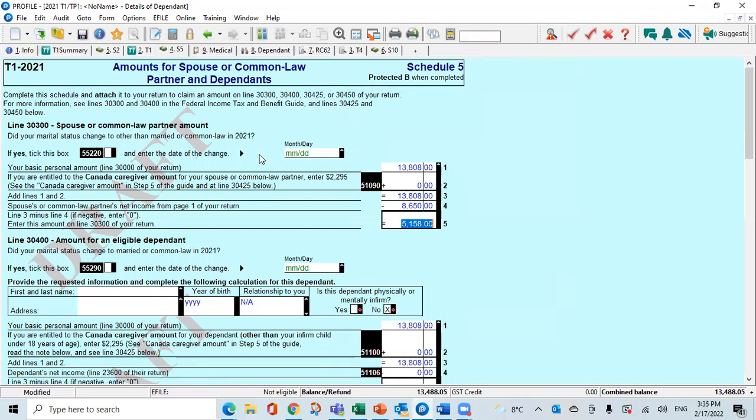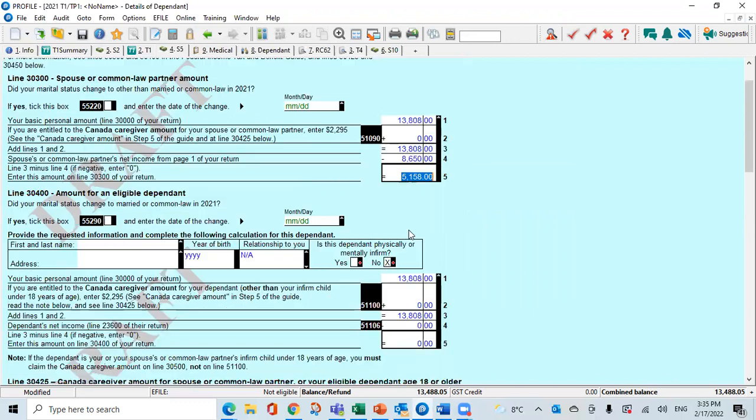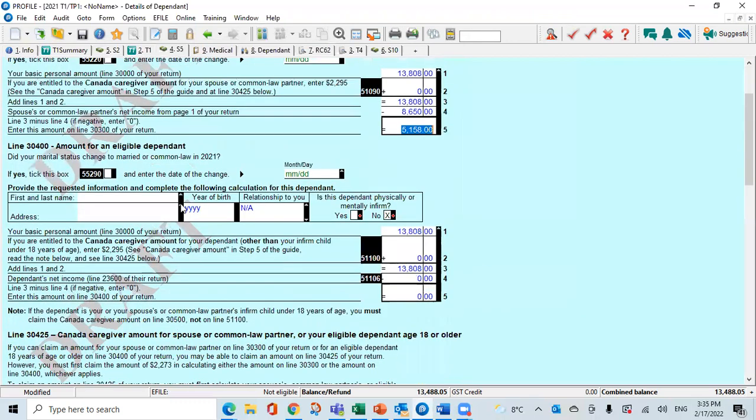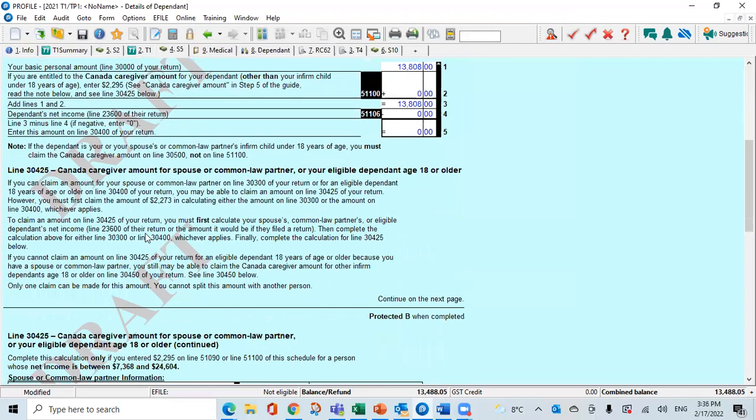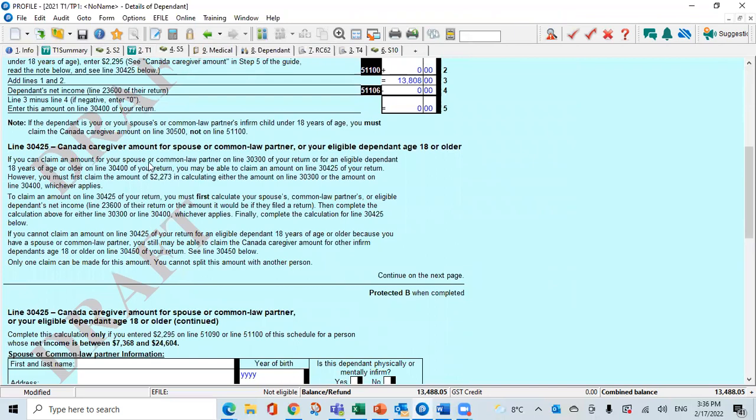So when we talk about the spouse or common law partner amount, we could see that is the basic amount if they have no income, or deduct their income. And then for dependents, you're only going to consider it if you can claim them as an eligible dependent, or you can claim the Canada caregiver amount, right? And the caregiver amount, of course, you're going to consider whether the dependent is over 18 or younger than 18.